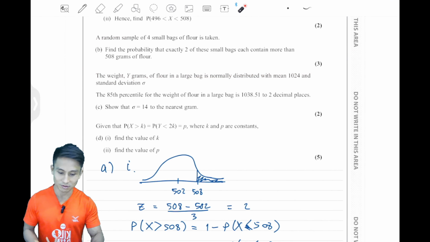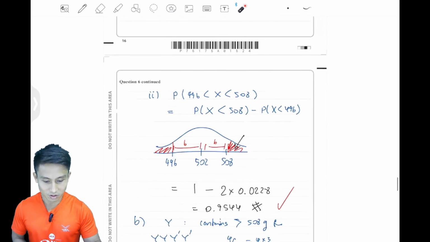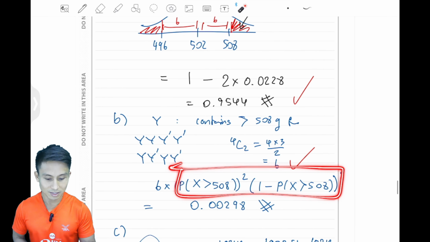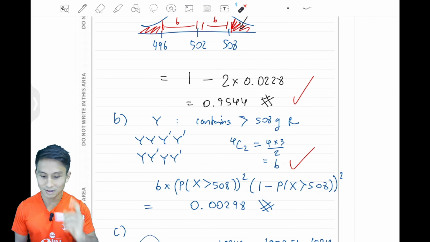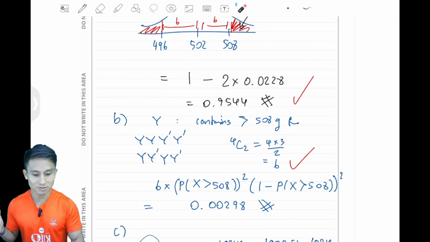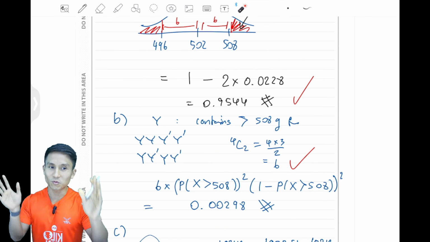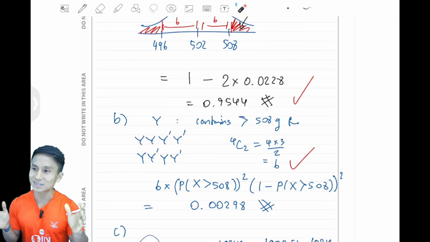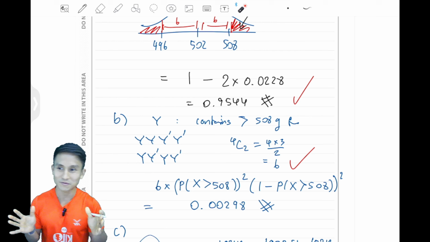You not only do this, right? This would be just one case, but there are 6 cases that you can do. That's why you need to multiply by 6. You can run all the cases, but that's going to waste time. You don't want to waste valuable time.